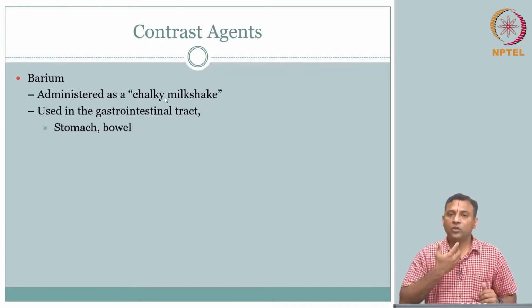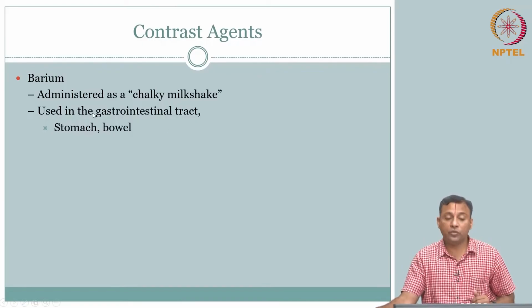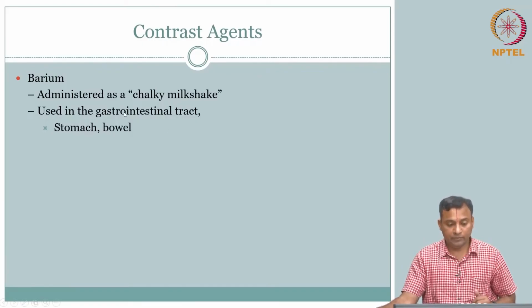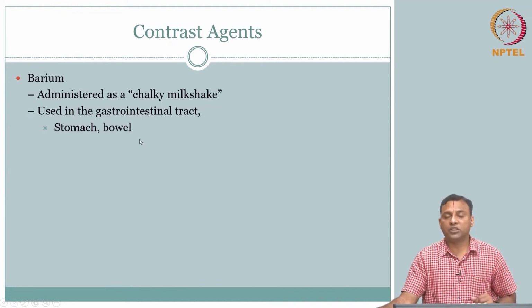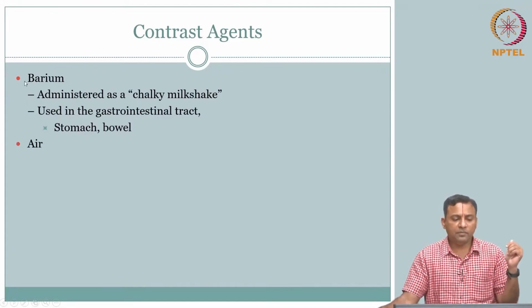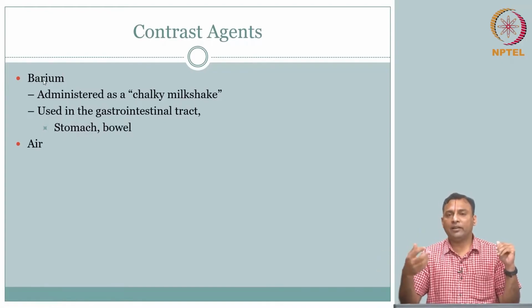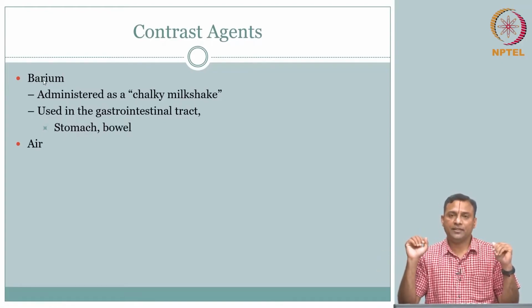So, this one essentially goes through, retains the path and comes out, and therefore it is very useful in imaging the GI tract if there is any obstruction, growth, tumor, lesion, whatever, okay. These are some compounds that you can prepare and that are routinely used.